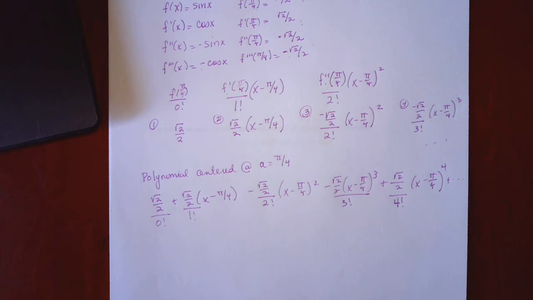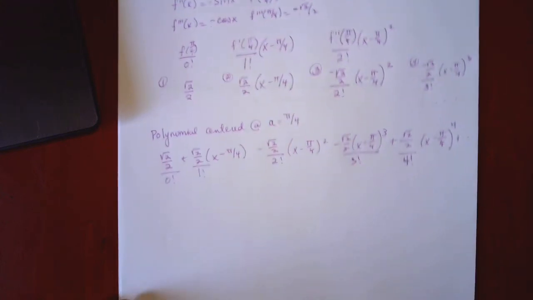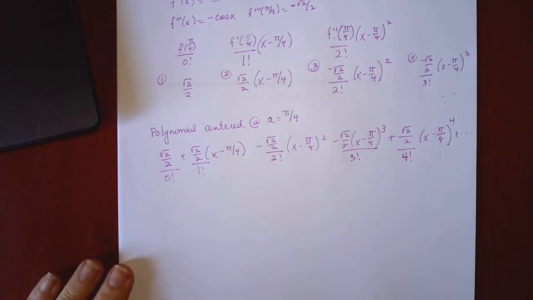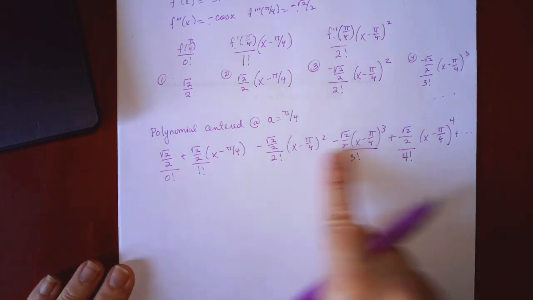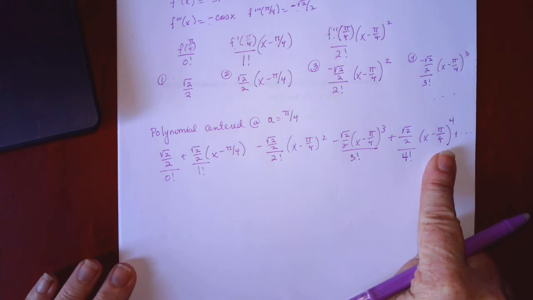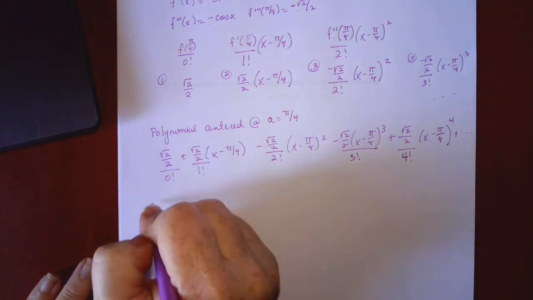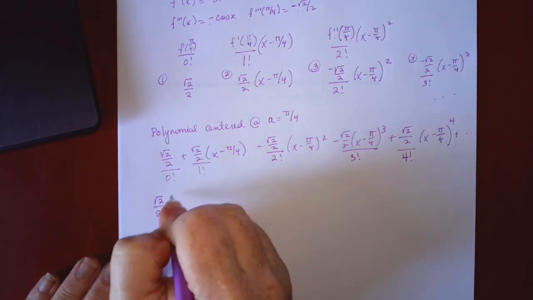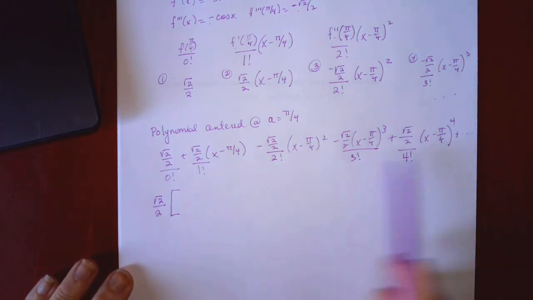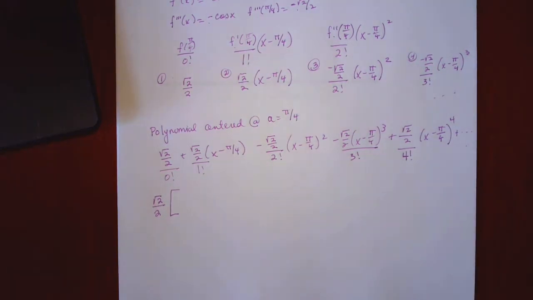The problem is how to write that in summation notation. One thing that we could do, we could factor the square root of 2 over 2 out front, right? I'm just going to take the square root of 2 over 2 that's in every single one of these terms and pull it out front.